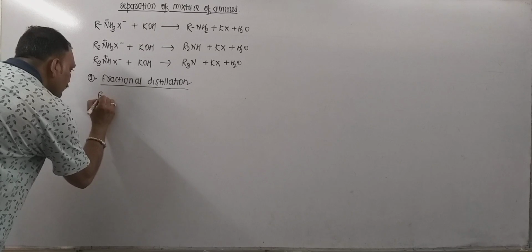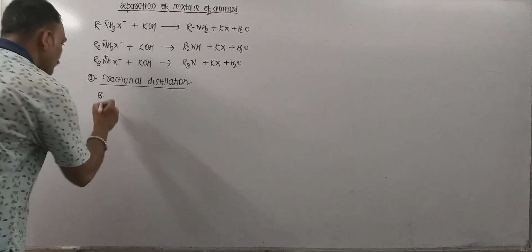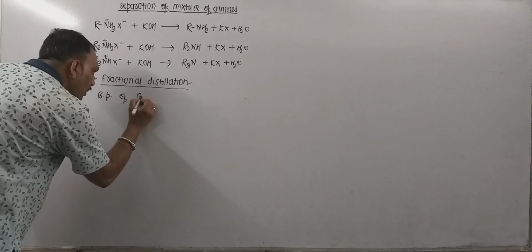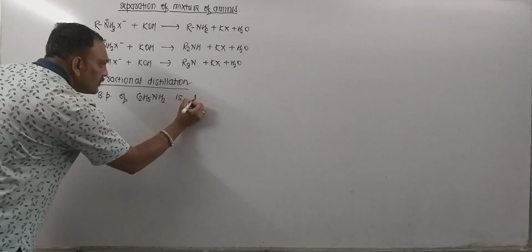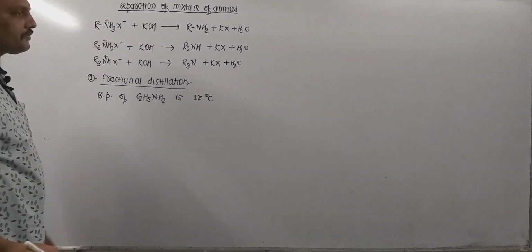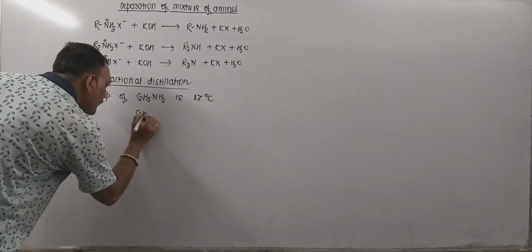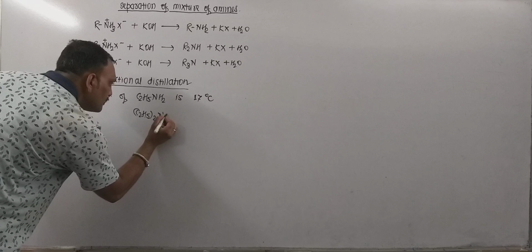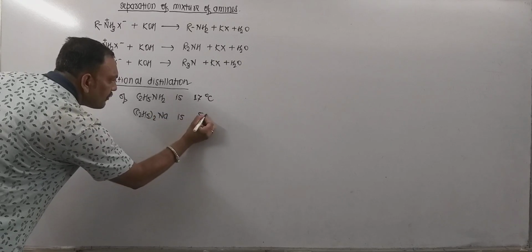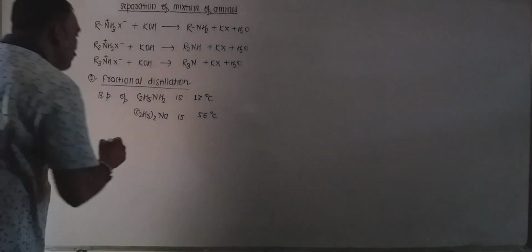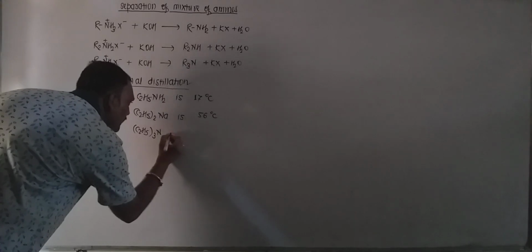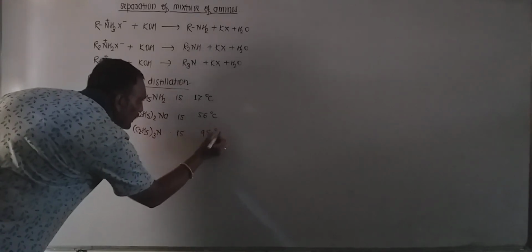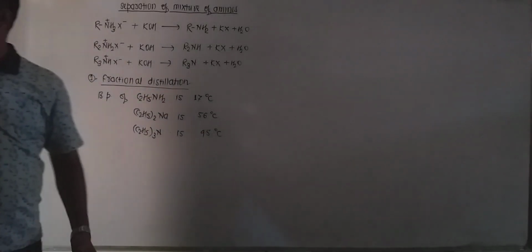Now let us consider ethylamines. The boiling point of ethylamine, which is a primary amine, is 17 degrees Celsius. The boiling point of diethylamine, which is a secondary amine, is approximately 56 degrees Celsius. And the boiling point of the tertiary amine, triethylamine, is approximately 95 degrees Celsius.